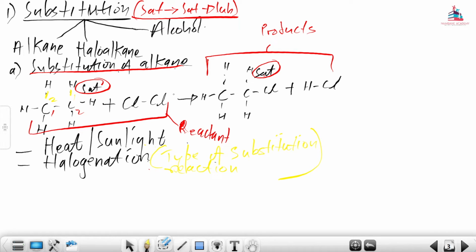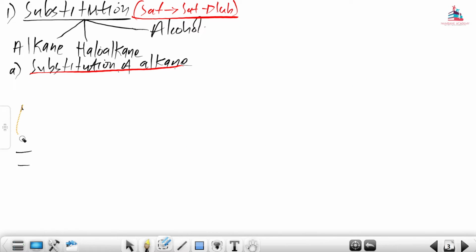So now I am going to move to another section. In this section, I'm going to explain substitution of haloalkanes. Let's remove this.